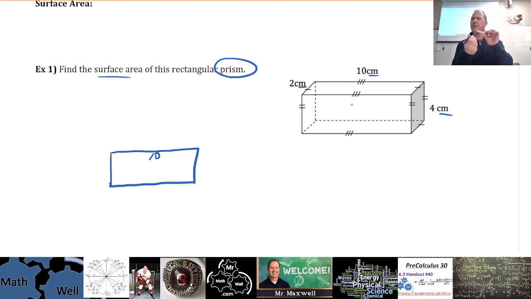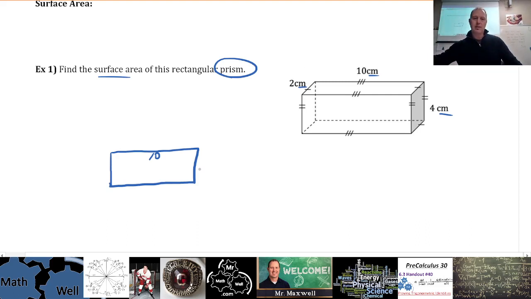So it's not the inside capacity, it's not volume, it's not how much liquid you could put inside a shape like this, that's volume. But surface area would be kind of how much of this shape is exposed to the air. Or if you had to paint this rectangular prism right here, how much paint would you need? It's the area of all the sides if you want to cover all the sides. Okay? Just because I don't know if I've explicitly explained that.